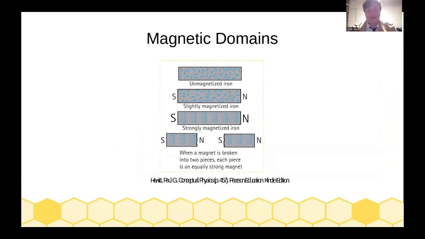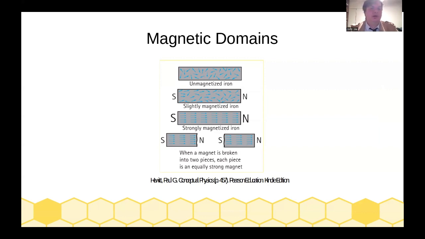How do you create one of these bar magnets? The trick is to find a magnet that is already strongly magnetized, so that the magnetic field points from one side to the other.